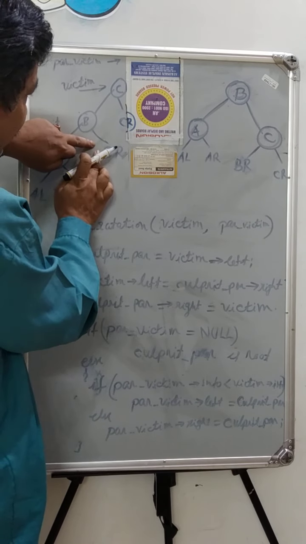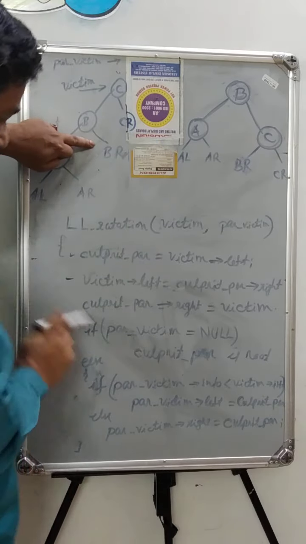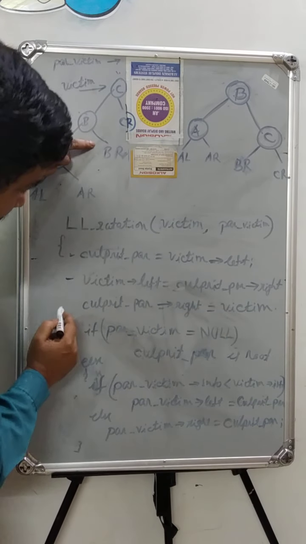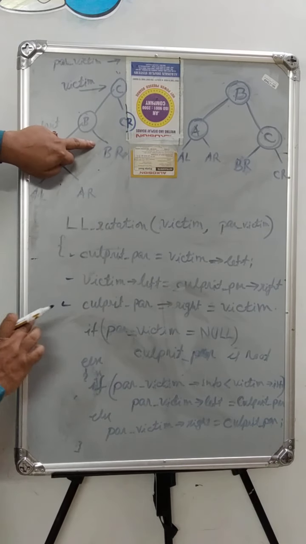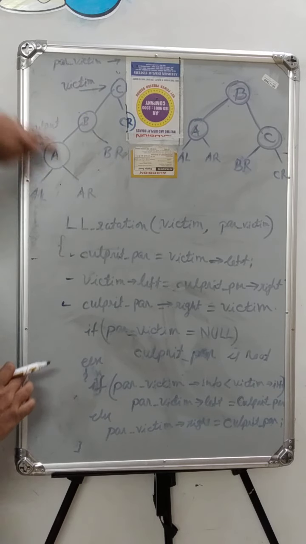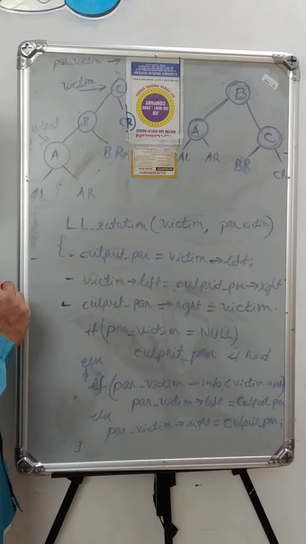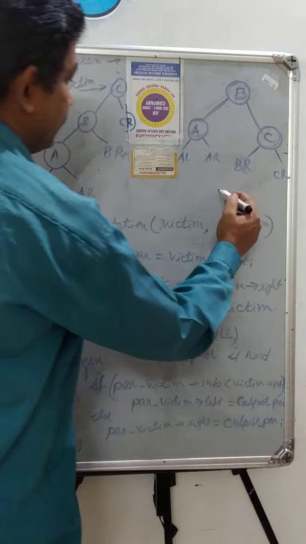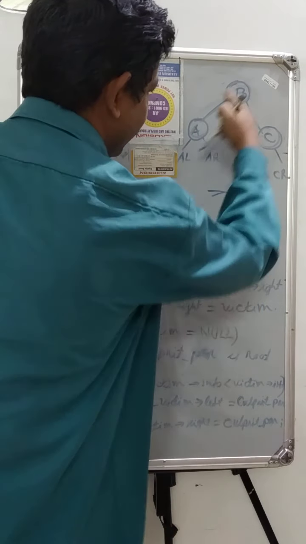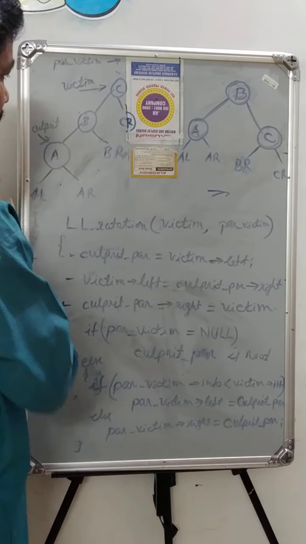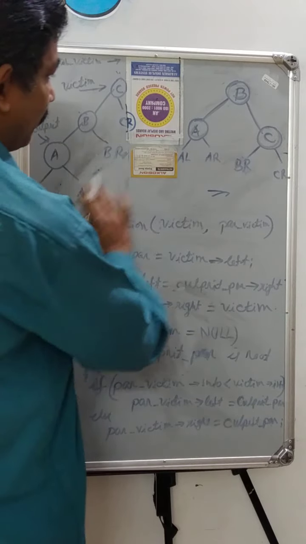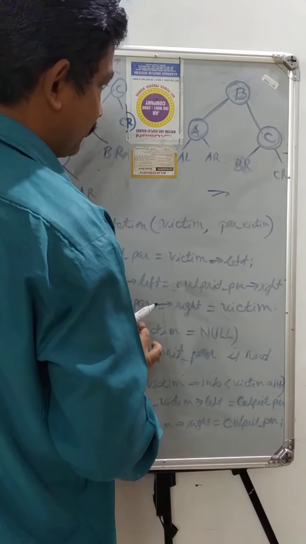Here we are storing the address of the victim node. So these three pointer operations will result in this particular structure of the tree. Previously this was unbalanced. Now it will become balanced.